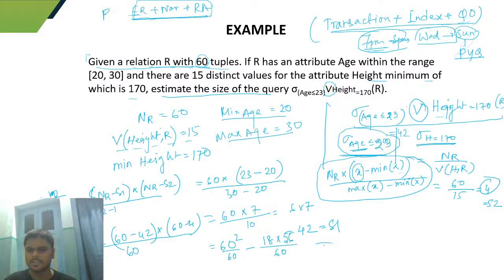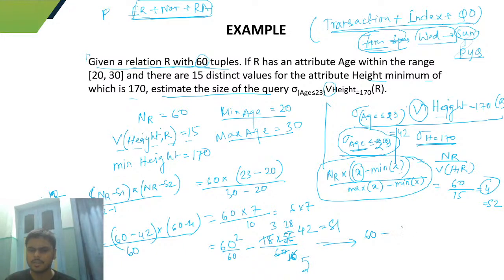Okay, so it is nothing but 60 minus, this is 6 10, this is 3 and 5, 28, right?